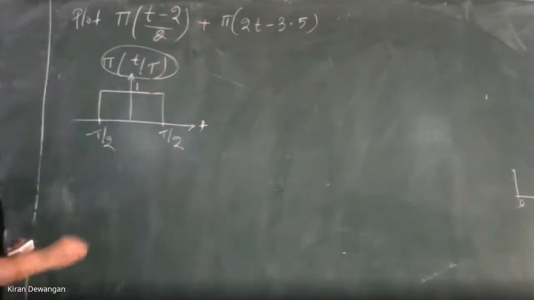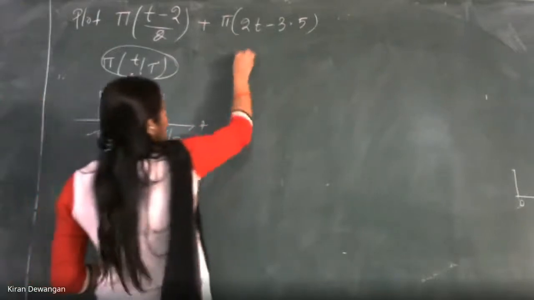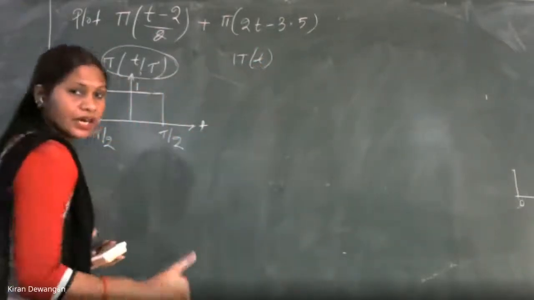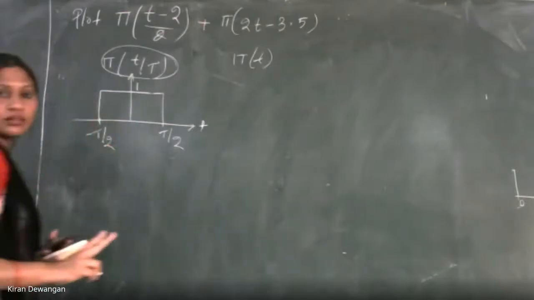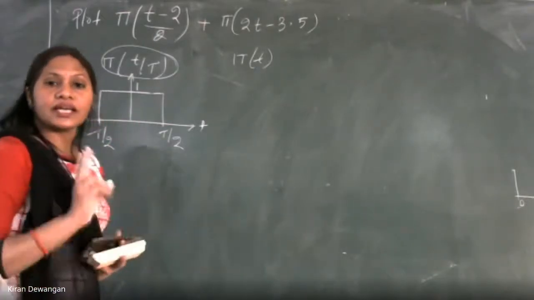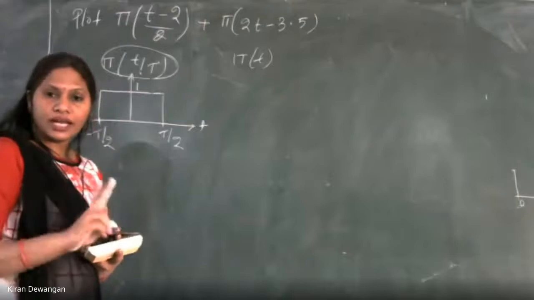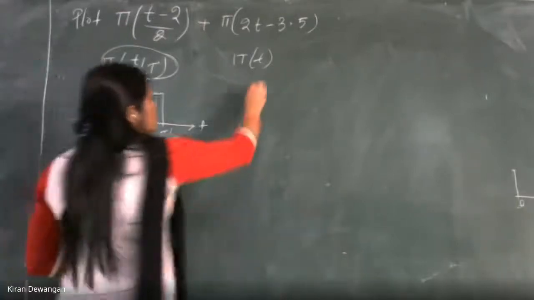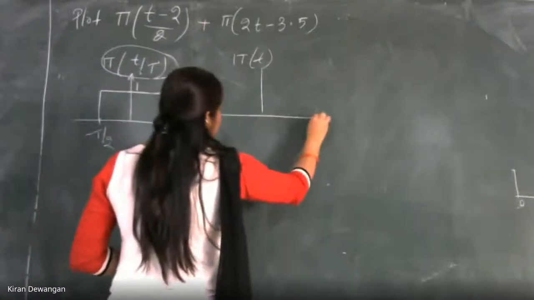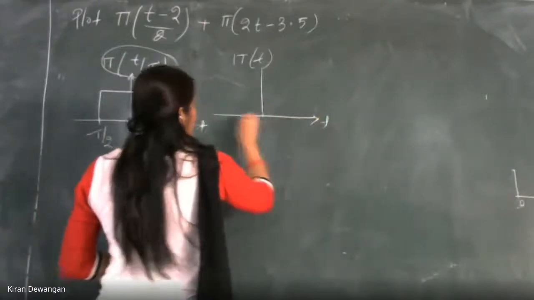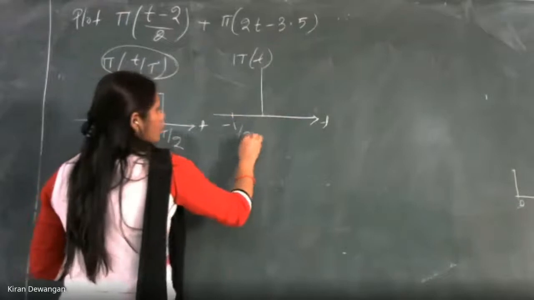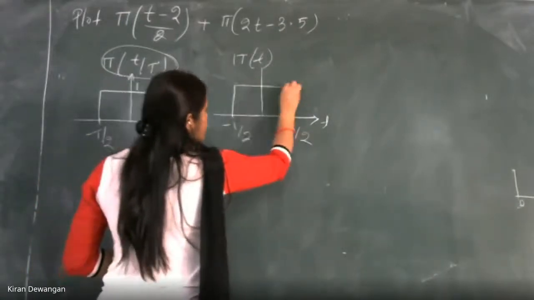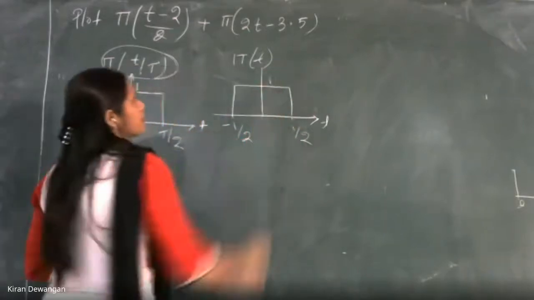Now in this one we have to take pi of t only, okay. We don't want any tau term there. That means we are taking the value of tau as 1. So in that case the signal of pi t will be from minus 1 by 2 to 1 by 2, and the value will still be 1.